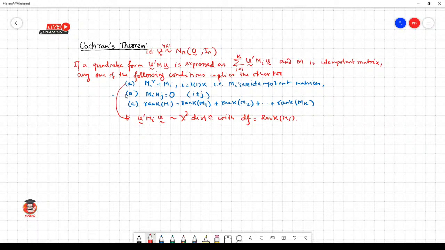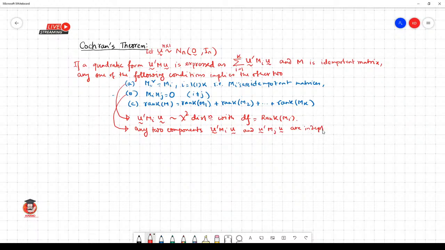And this condition B implies any two components u prime M_i u and u prime M_j u are independent.